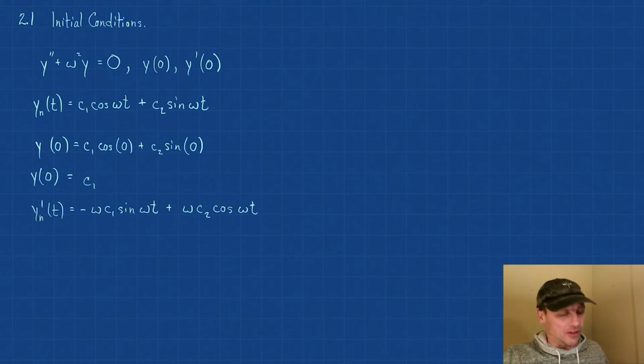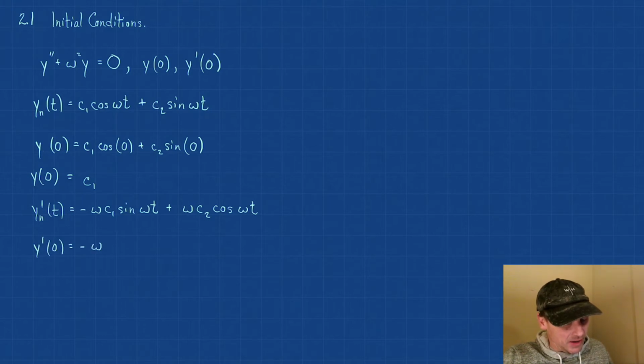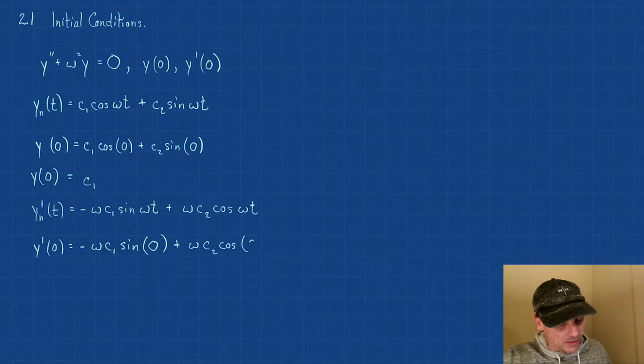Now let's substitute in our initial condition. So y prime at 0 is equal to minus omega c1 sine of 0, and we could be using y of 0 in there now, plus omega c2 cosine of 0.